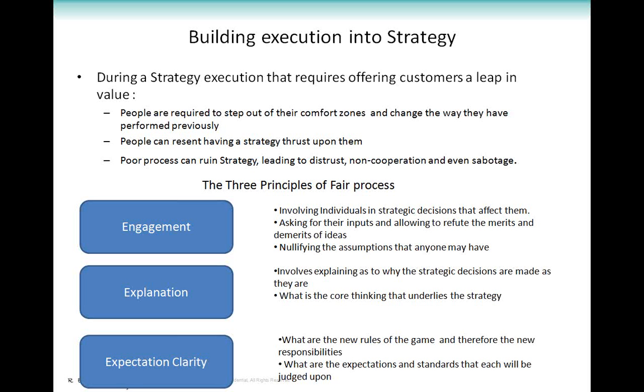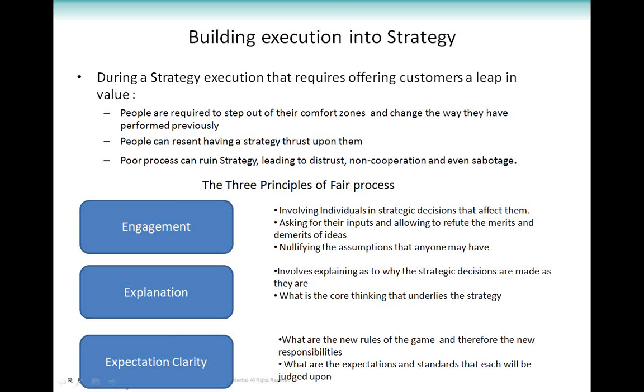The three principles of fair process actually provide a roadmap to counter these management challenges. It encompasses three processes. First, engagement: it engages with the audience and involves the individuals in strategic decisions that affect them.